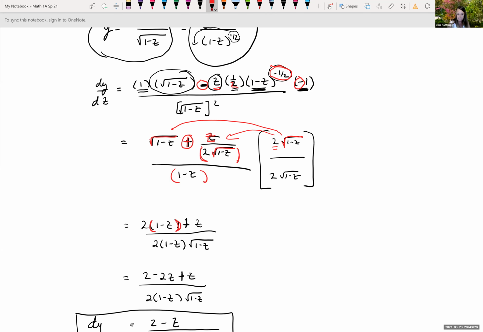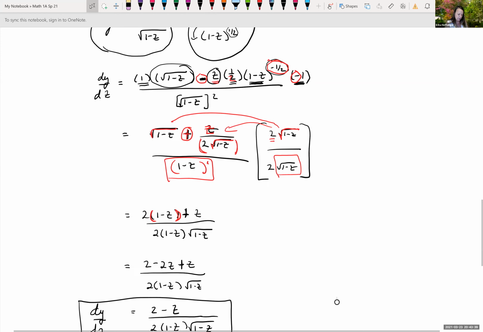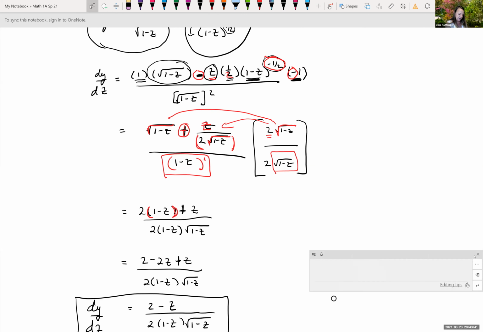I just kept it in factored form. I guess I noticed that this is to the first power, which is the same thing as this to the 1/2 power. Same base, we could add our exponents if we wanted to. Just distribute our 2 and then combine like terms. So we have a 2 minus 2z plus a z. Well, negative 2z plus z gives us negative 1z, and there are 2 out front.